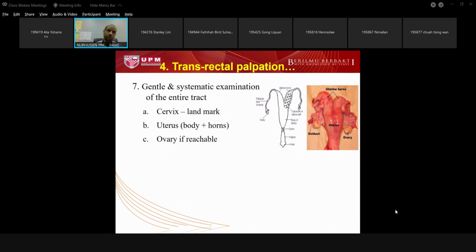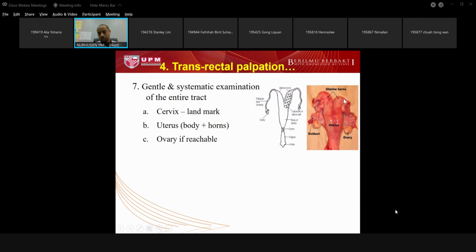After you get the cervix, you gradually progress forward to the next part of the reproductive tract, which is the body of the uterus. After the body of the uterus, you'll find the bifurcation, the division between the two uterine horns. You have two different horns bilaterally, so you can assess the uterine horns.